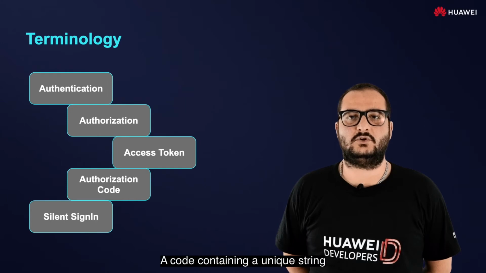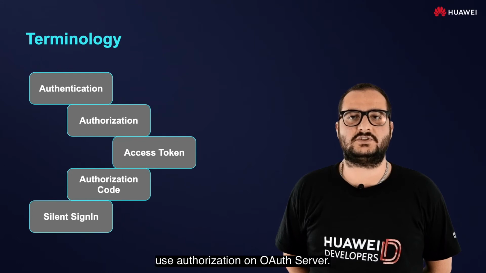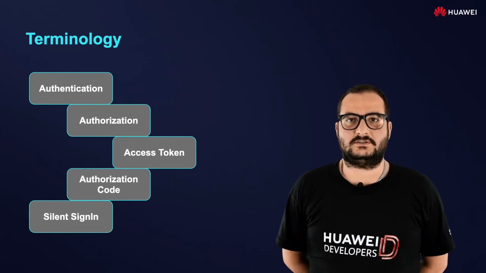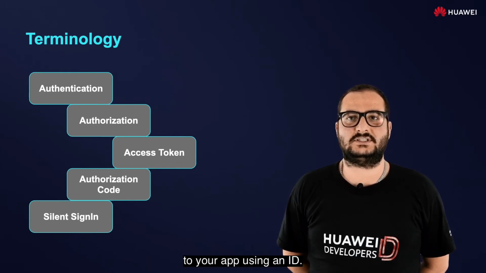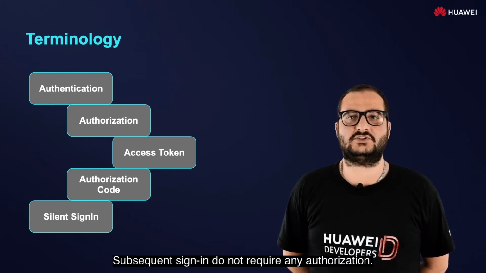Authorization code, a code containing a unique string and an app secret which is used for one-time use authorization on OAuth server. Silent sign-in, authorization is required only at the first sign-in to your app using an ID. Subsequent sign-ins do not require any authorization.